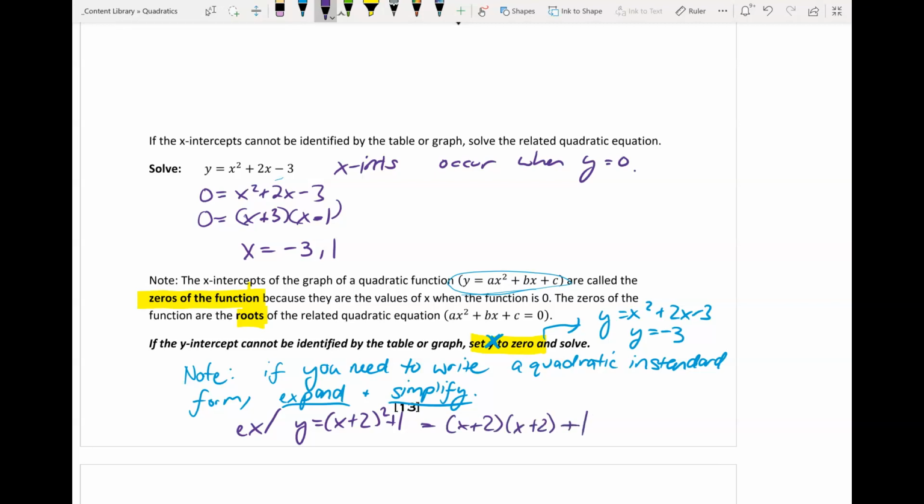You do x times x, x times 2, then 2x, and then 2 times 2. And then afterwards you collect your like terms to figure out what that would be in standard form, because that's one of the questions in your homework. So please work on page 17, questions 1 through 3.